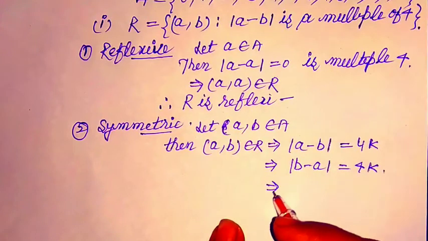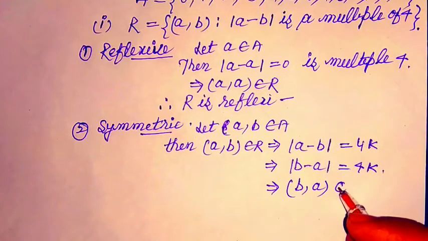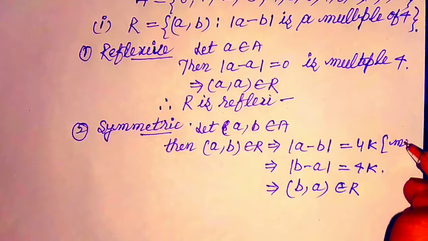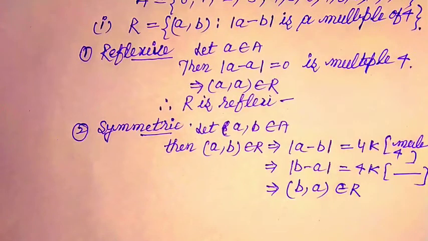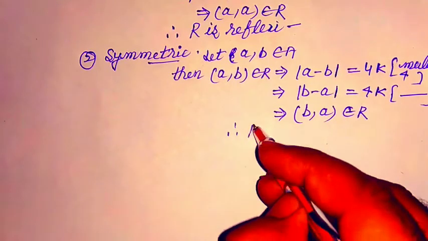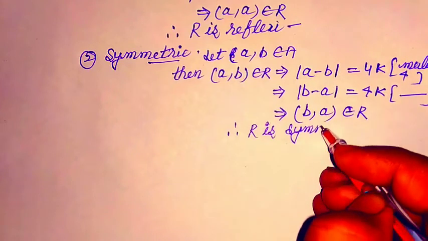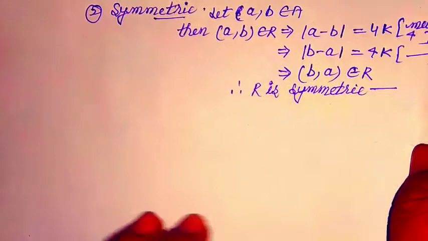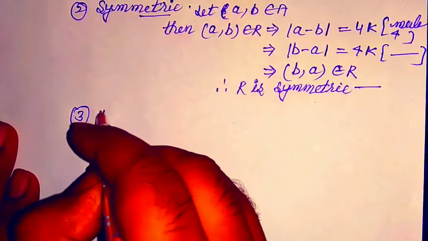So we can write here (b, a) belongs to R. Multiple of 4 we can write here, isn't it? Therefore R is symmetric here.